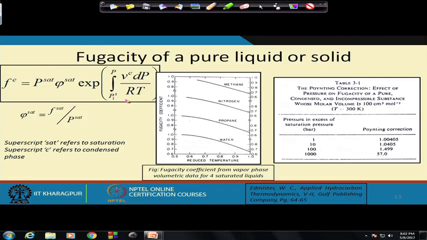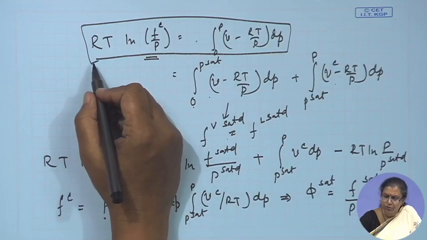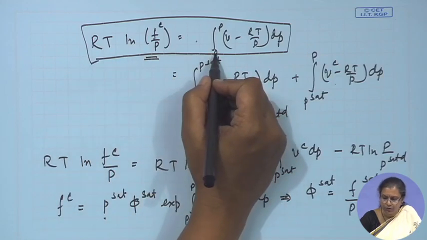starting from the same equation, the defining equation of fugacity, with the supposition that the fugacity is equal to the pressure for very low pressures. So, we have started from very low pressures and we have assumed that under this condition the substance is in the gaseous state and the gas is an ideal gas. So, what is the path of integration? The path of integration is compressing the ideal gas from 0 pressure to the saturated pressure, where it becomes a saturated vapor.